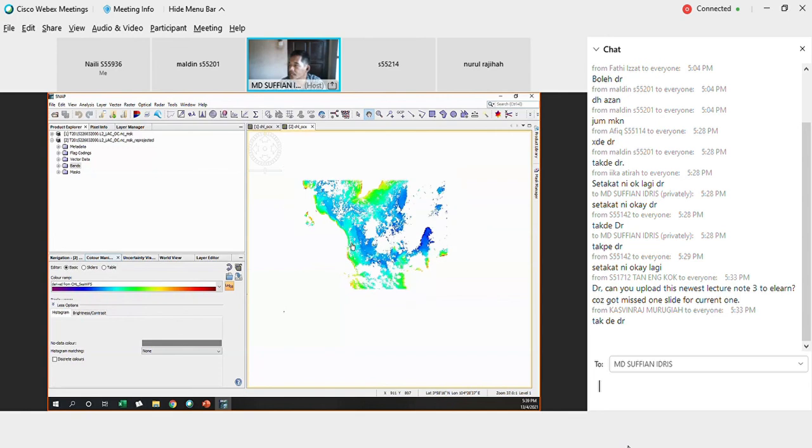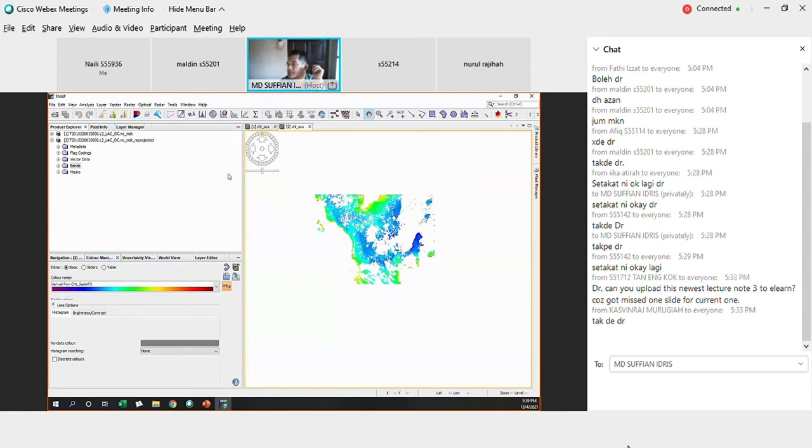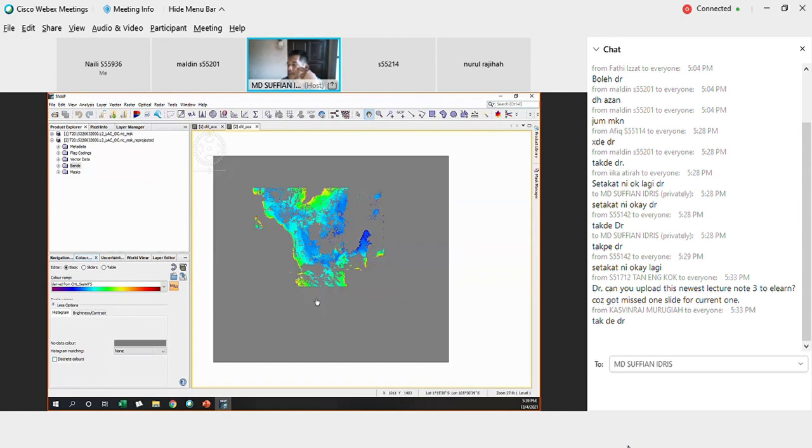Okay. So sekarang ni, kalau you tengok, dia dah tak distort lah. Okay, dia dah sama. Kalau you ambil background dia ni, dia masih lagi besar. Okay, tetapi dia tak ada distortion kat sini.